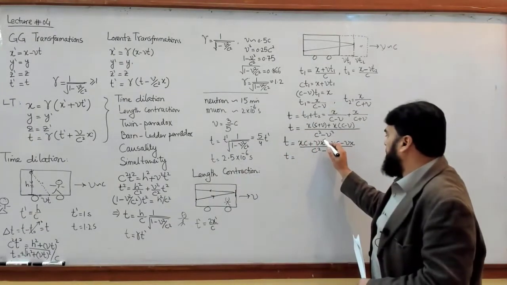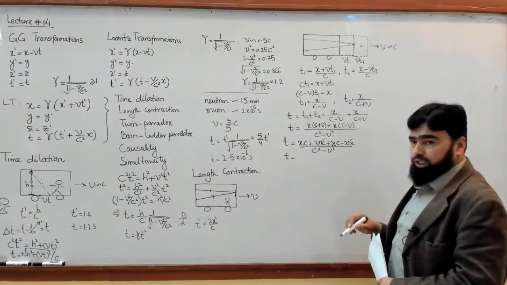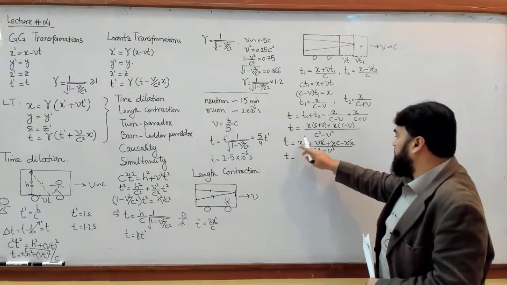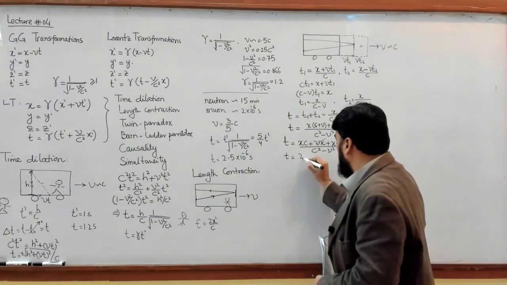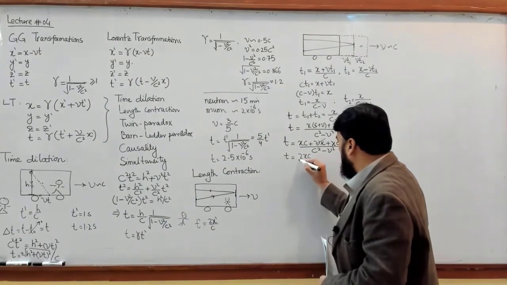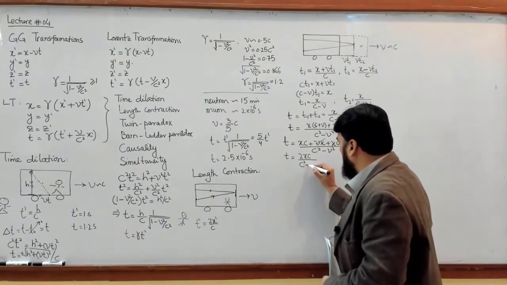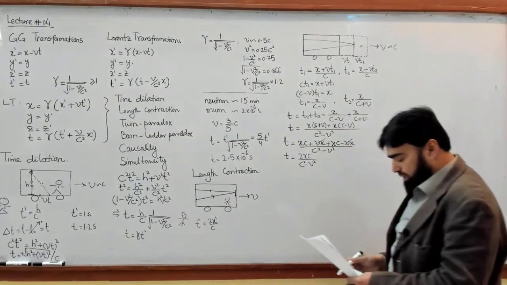The vx cancels with the other vx, and we have 2xc divided by c squared minus v squared.